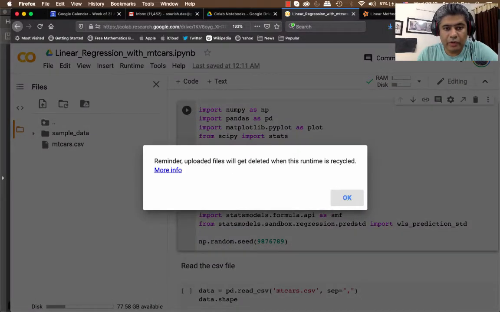It says remember uploaded files will get deleted when this runtime is recycled. So every time you close this notebook, you have to upload the data again. Also, if the runtime is over or it goes into sleep mode, you may have to upload the data again and again.